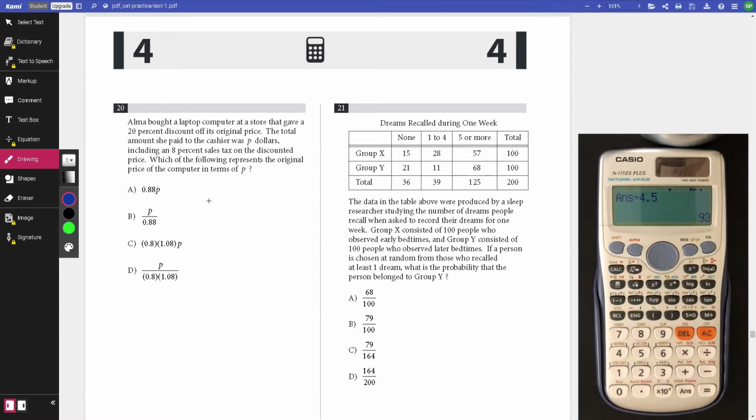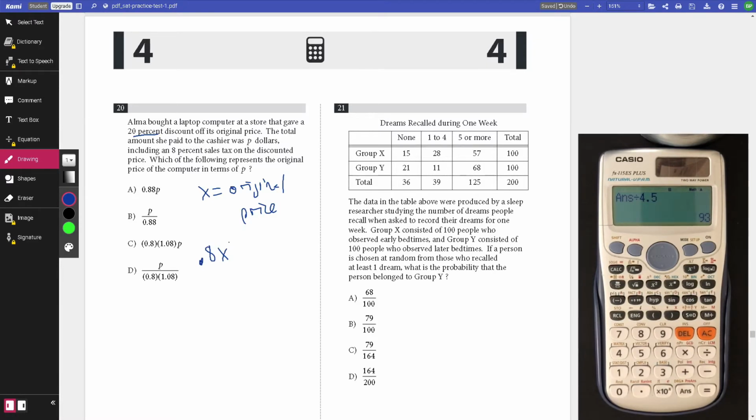So we can get the original price by defining the original price as X. And then to get to that P, we had a 20% discount, so that's 0.8.